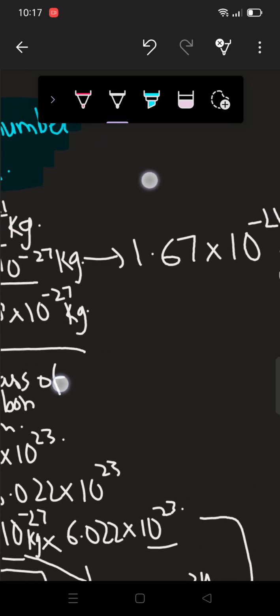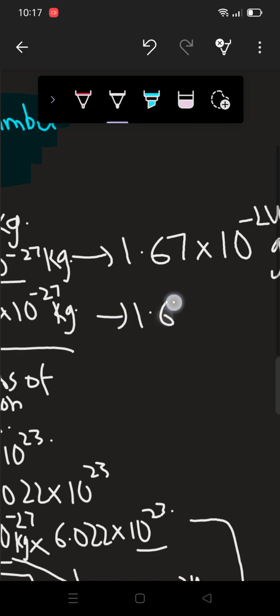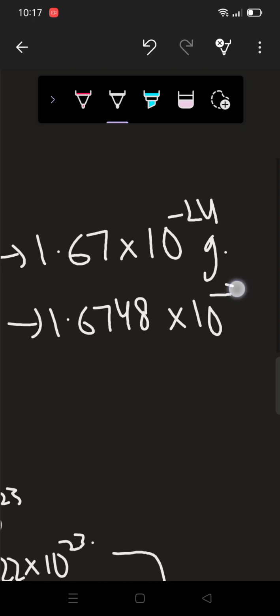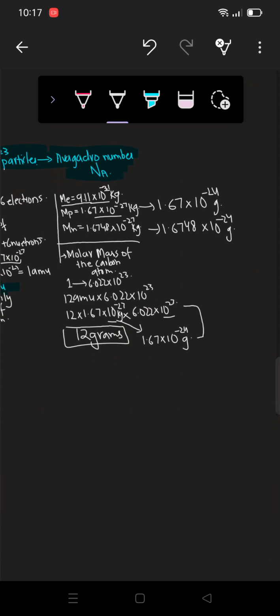Same here, 1.6748 into 10 to the power minus 24 gram. I told you the first in kg, and these two are in gram.